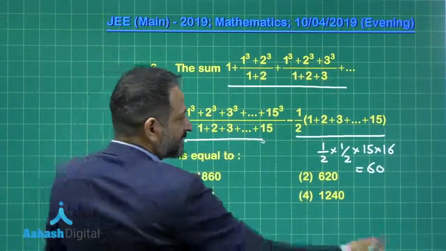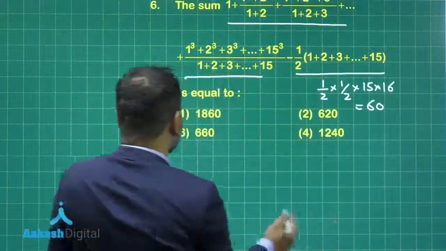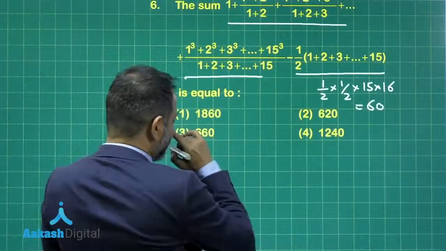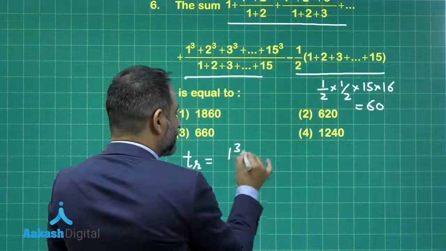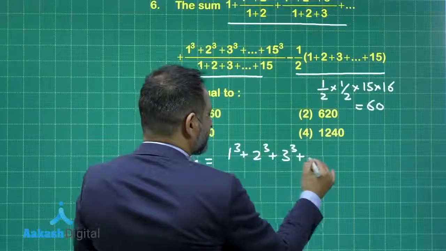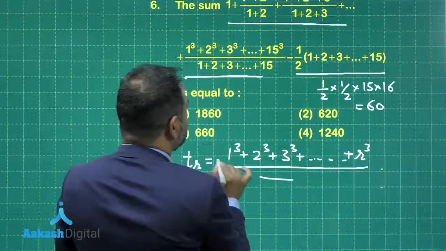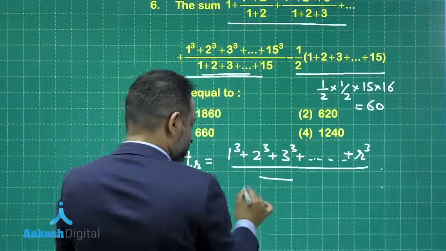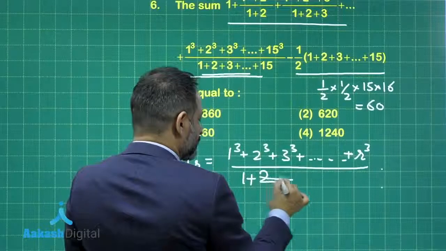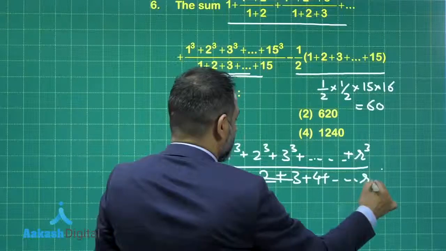So let us write the general term first. You can notice the general term, r-th term, is definitely equal to 1 cube plus 2 cube plus 3 cube and so on up to r cube, and then the denominator itself, it is 1 plus 2 plus 3 plus 4 up to r.